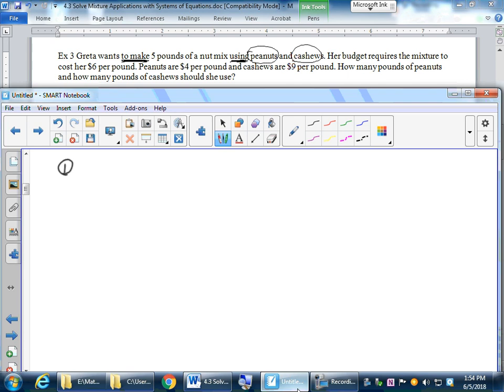So step 1, what we don't know is the number of pounds of peanuts and the number of pounds of cashews. That's the unknown. So we can say P and C. So now we're going to set up the equations.